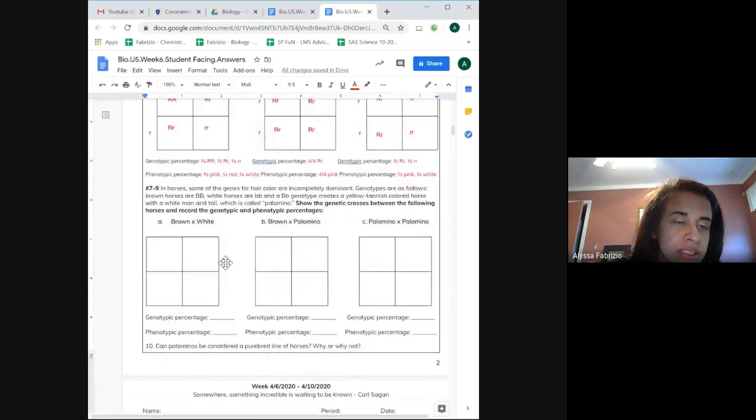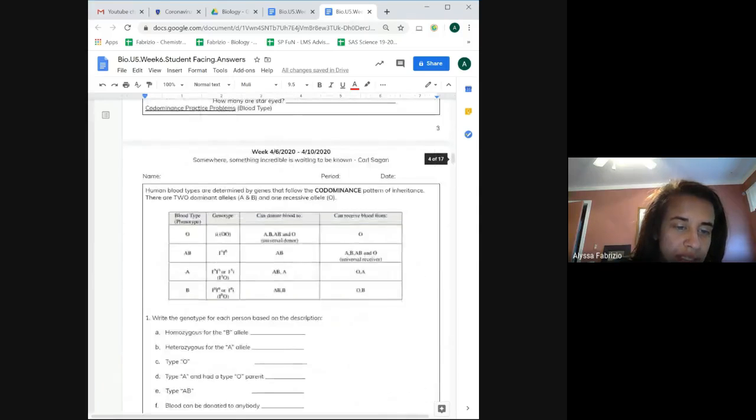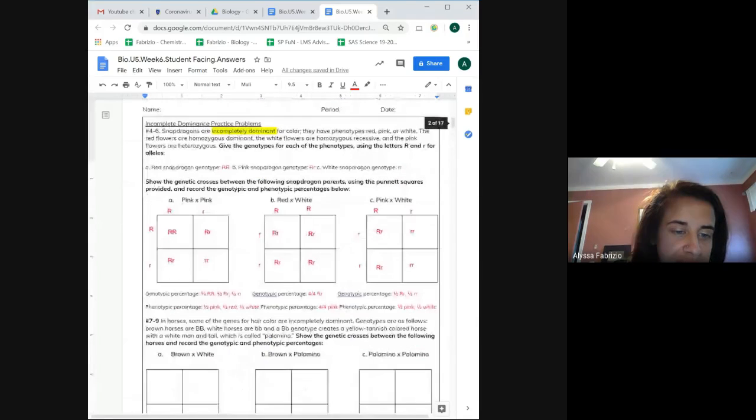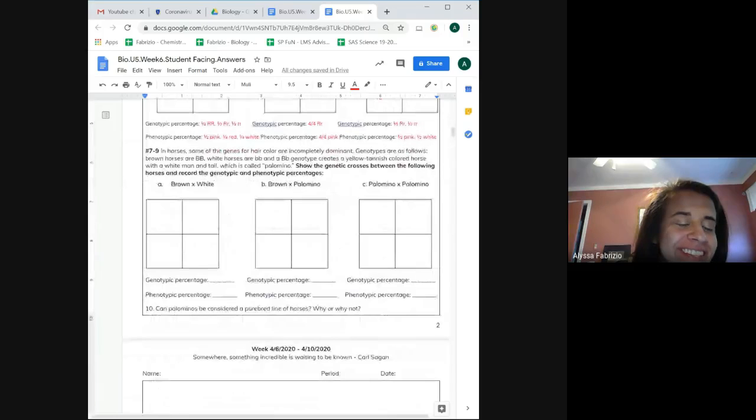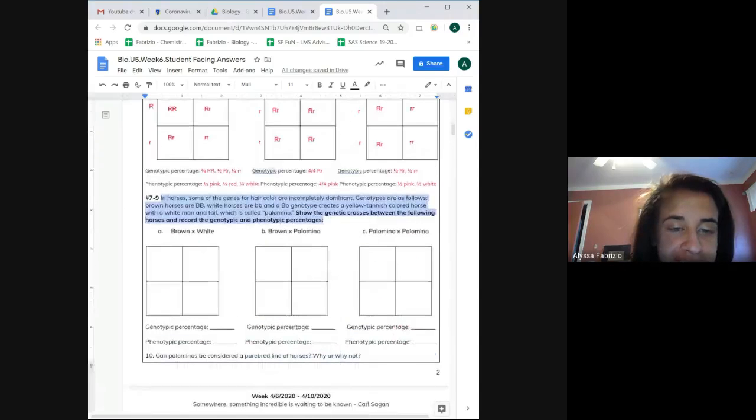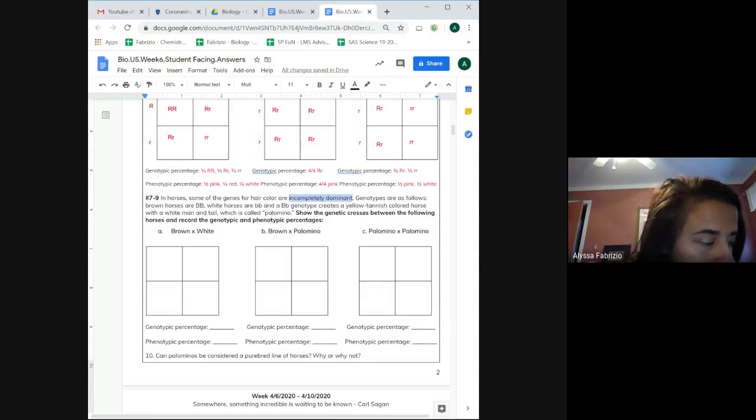Okay, this is going to take lots of crosses. So let's remove it. So in this next one, we have some horses. They are also incompletely dominant, so they represent different colors.